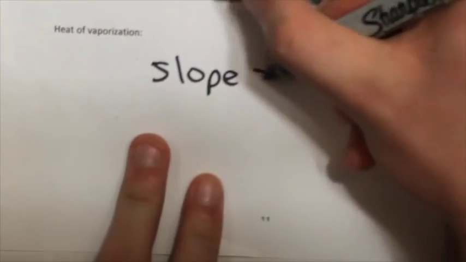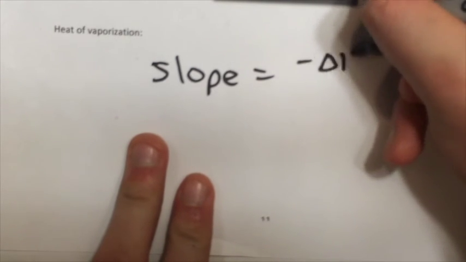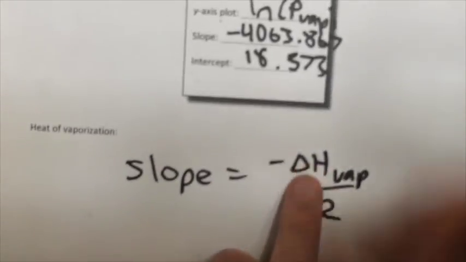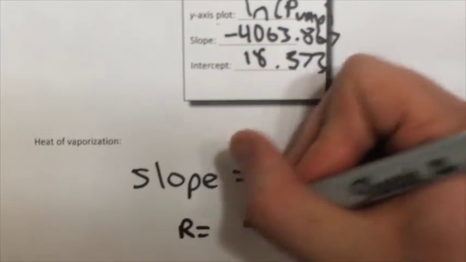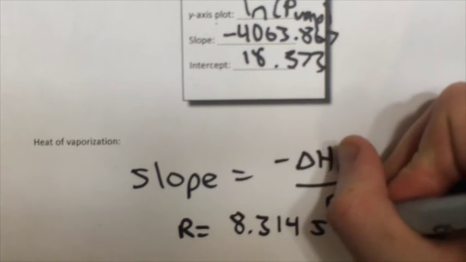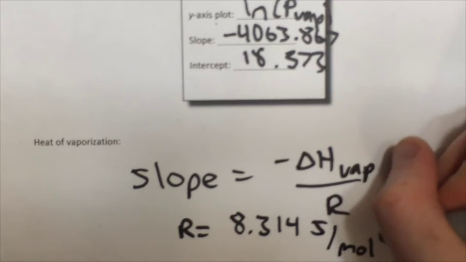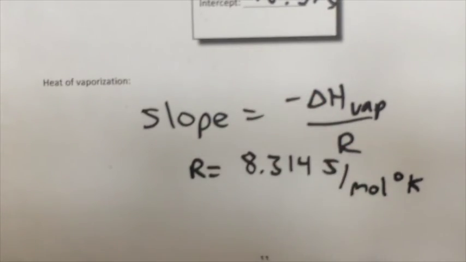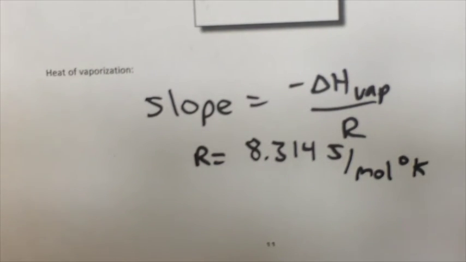So another way of saying that is that the slope is equal to negative delta H vaporization divided by R. Now, R is a constant, and that constant is equal to 8.314. That's joules per mole degree Kelvin. If you don't know what this joules per mole degree Kelvin is, don't worry. It's just something you kind of have to memorize.